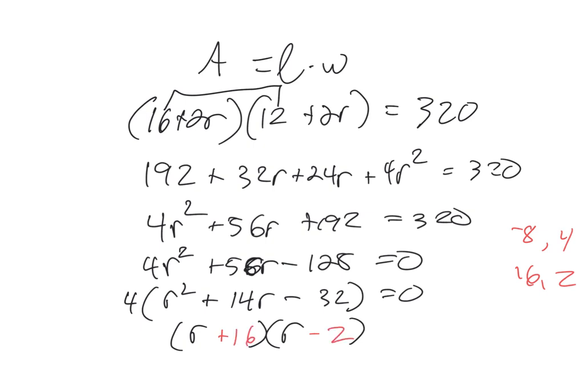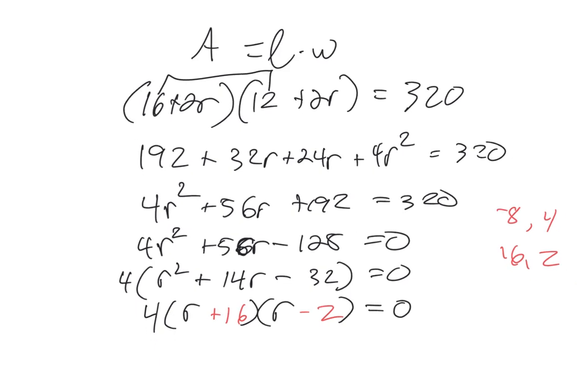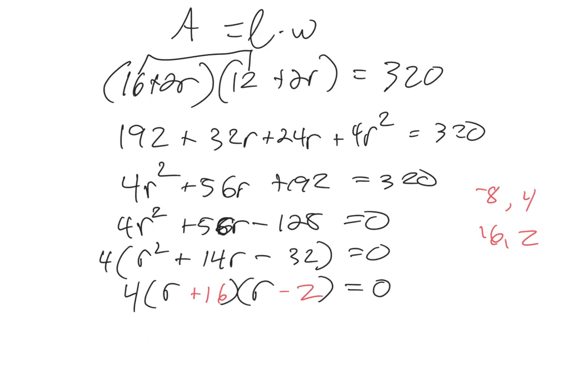I still have my 4 out in front, equals 0. And then I'm saying to myself, self, what makes this 0? Nothing. There's nothing I could ever put in there because there's no variable, so the 4 just stays 4. What makes this 0? R equals negative 16. What makes this 0? R equals 2.